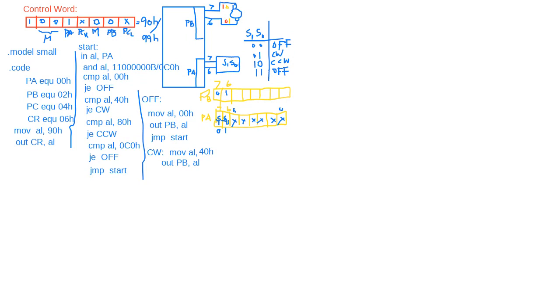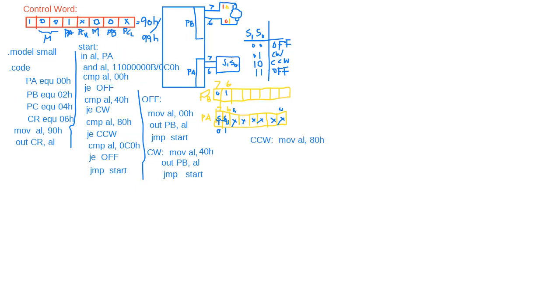Okay, and then again for counterclockwise: move AL comma 1 0. Okay, 1 0 means 80H.